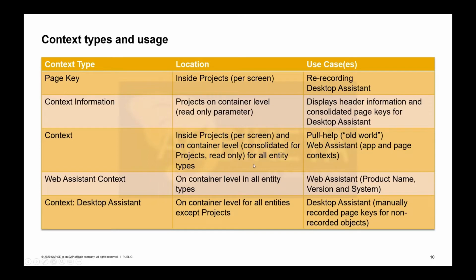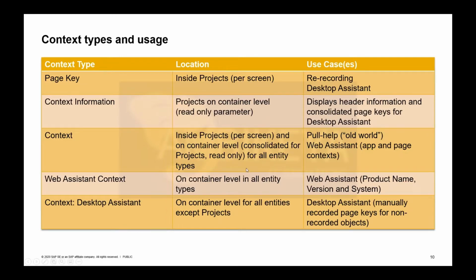This is where you would record your, for instance, web assistant context into if you want to put a single book page or a book or a text unit into the learning section of web assistant. This is where this would be hosted in.